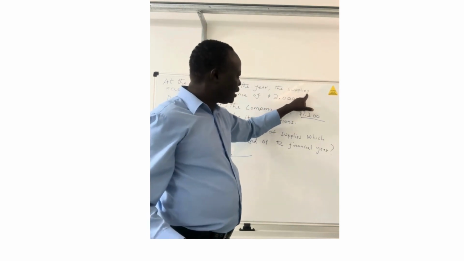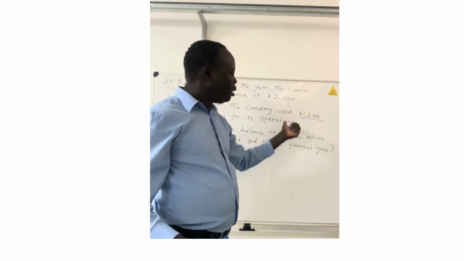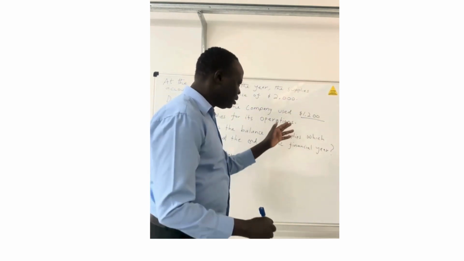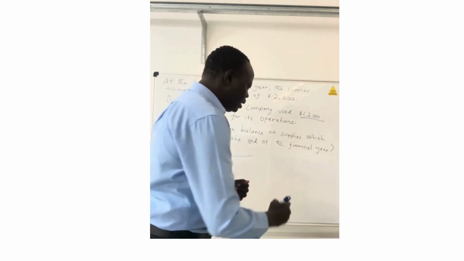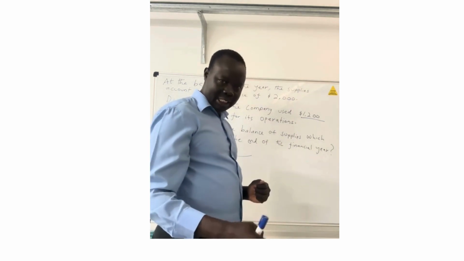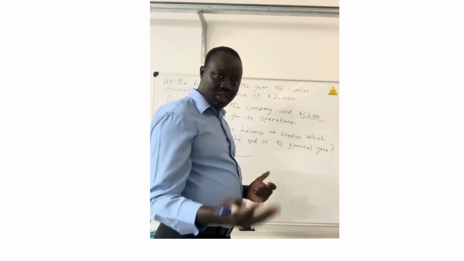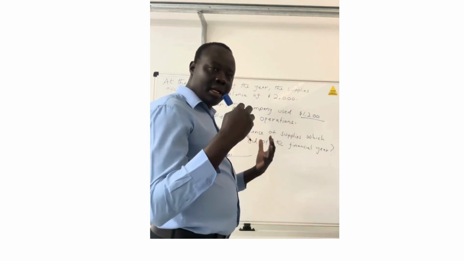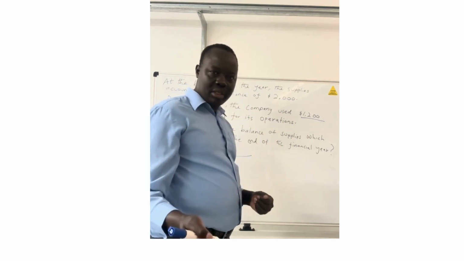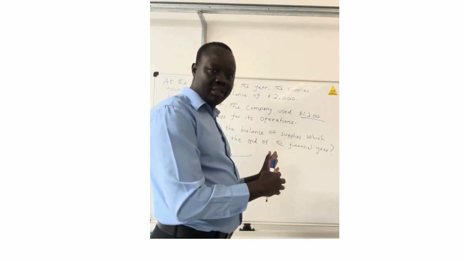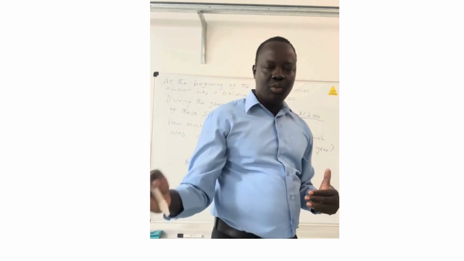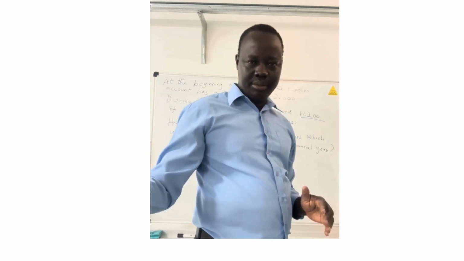Supplies expense, and what will go to the credit side? Because supplies expense is an expense account, and you remember, an expense account goes to the debit side. Let's think of what will go to the credit side.